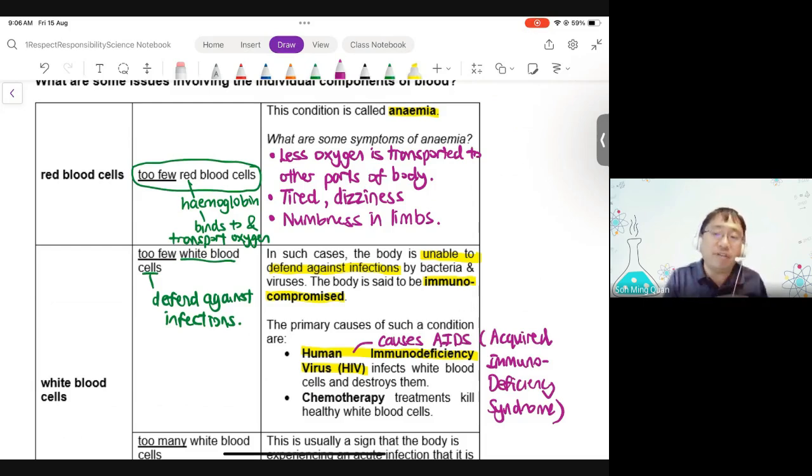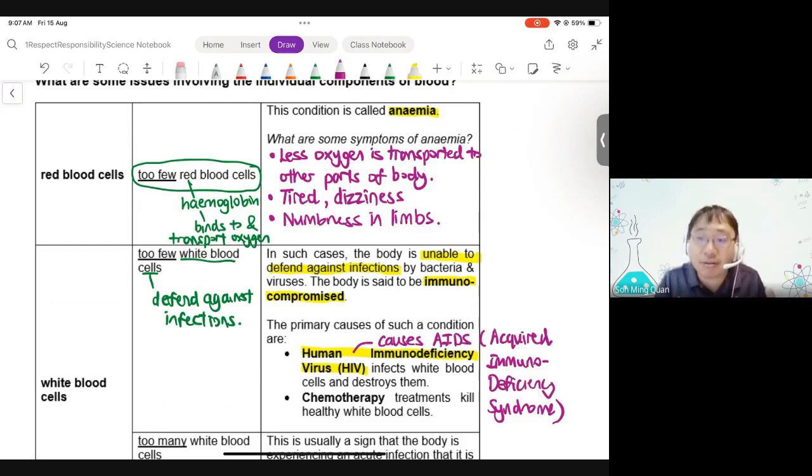Now, another reason besides HIV infection that could kill white blood cells is chemotherapy. So, chemotherapy is prescribed to patients with cancer. So in chemotherapy, how it works is that the patient will eat certain chemicals that kill cells. In particular, it kills dividing cells, cells that are growing and dividing.